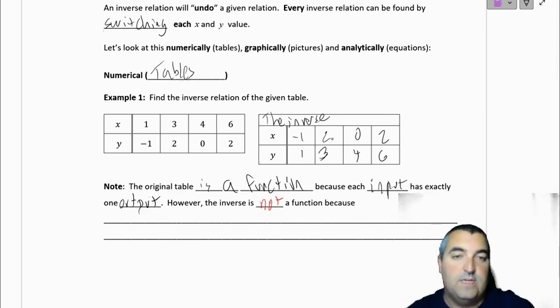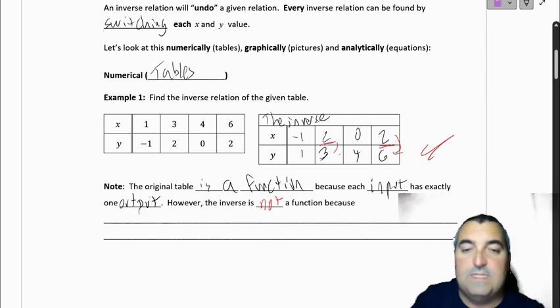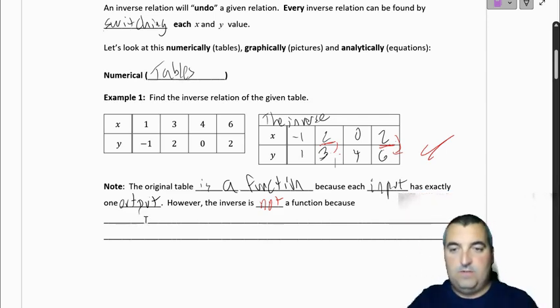However, if you look at the inverse, it is not a function, and where you can see it is you have 2 here twice. 2 goes to 3, but 2 also goes to 6, which means that's not allowed. And so our reason here, I'm going to just type it because my stylus doesn't want to work.